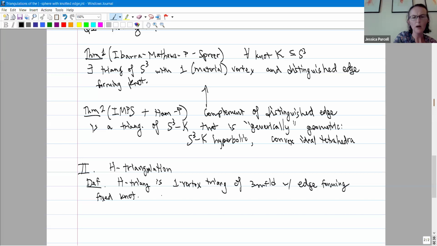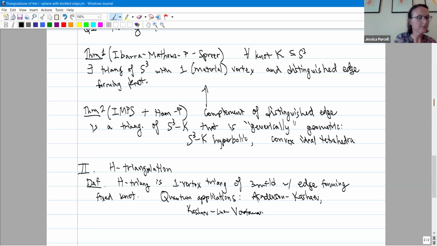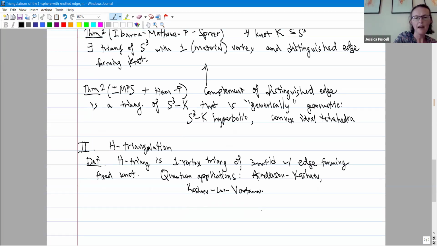And there are quantum applications. You label these appropriately, and they give you information, for example, on the volume conjecture. And these are due to people like Anderson, Kashayev, Wu, Vartanov, and they found H triangulations for a few simple knots.